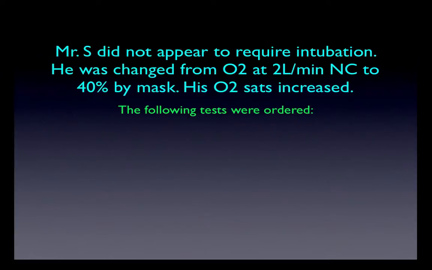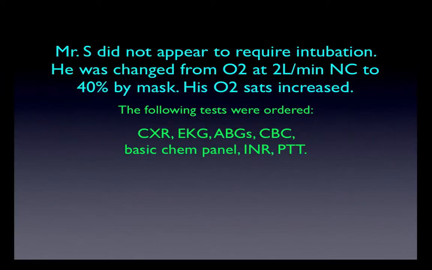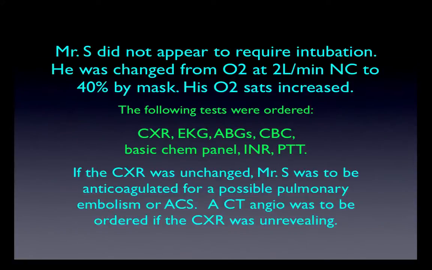The following tests were ordered: stat chest x-ray, EKG, ABGs, CBC, basic chem panel, and in case he needed anticoagulation, a baseline INR and PTT. The plan was that if his chest x-ray was unchanged, there would be a strong suspicion for a possible pulmonary embolism or acute coronary syndrome, and that he would then require anticoagulation.